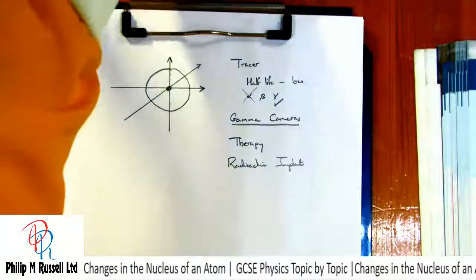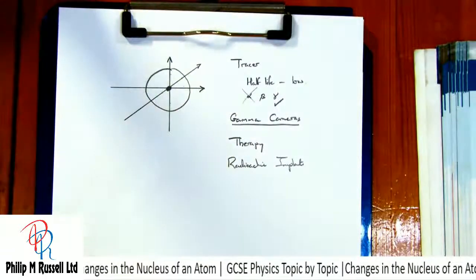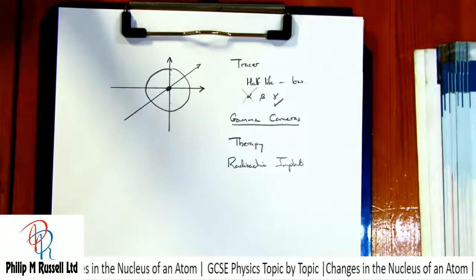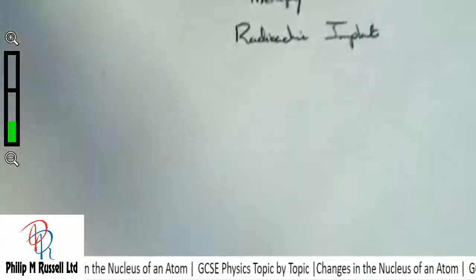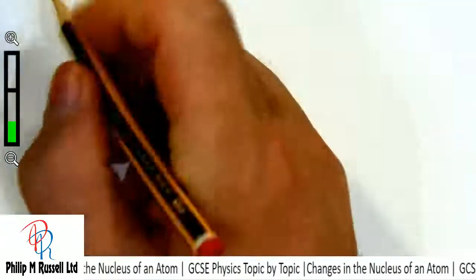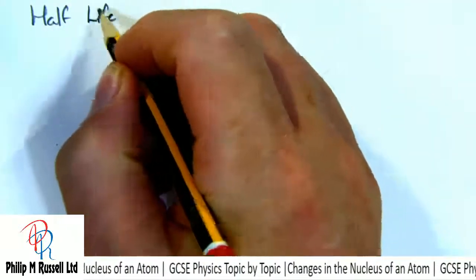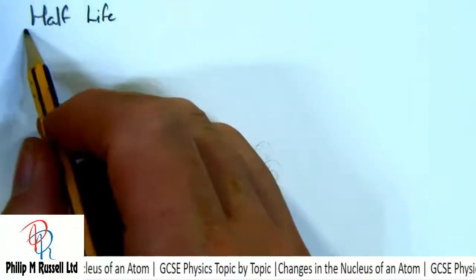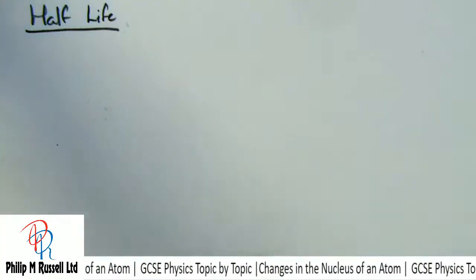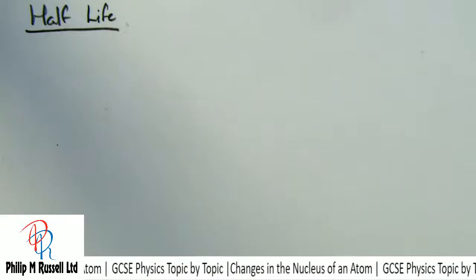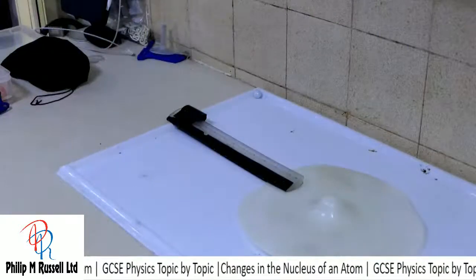Now, my next little topic to have a look at is that of half-life. I've done a couple of videos on this, so I'm not going to do that. I put a link in the description to my half-life experiments where you can have a look. But basically, I'll just quickly show you what this is.